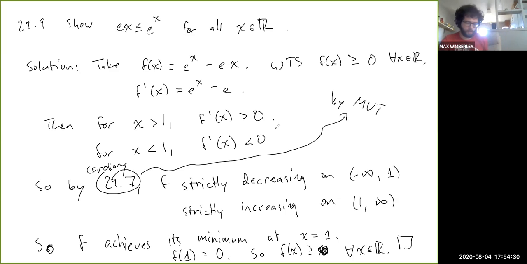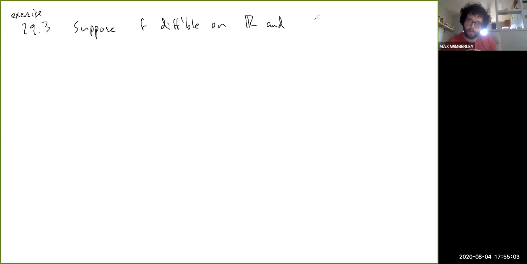Okay, I won't really pose this as a problem necessarily, but one thing I wanted to mention, I was debating giving this as a problem. So exercise 29.3, I think is kind of interesting. So suppose f is differentiable on R and f of 0 equals 0, f of 1 equals f of 2 equals 1.